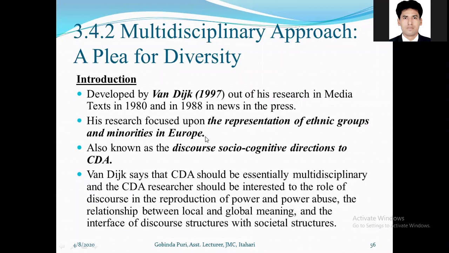So he focuses on the fact that the discourse analyst or researcher should go to society and observe the impact of language or discourse at the societal level.